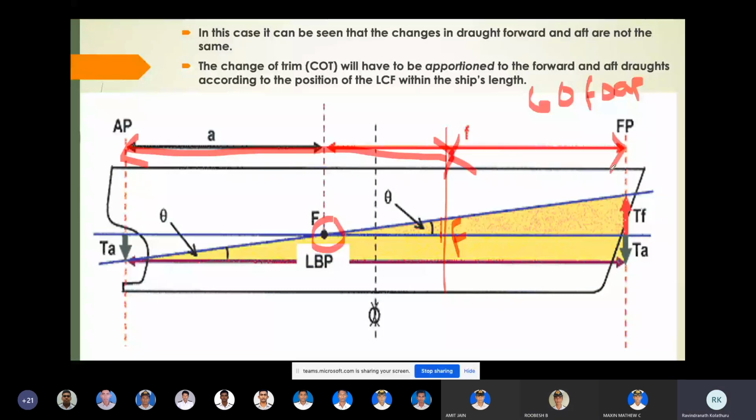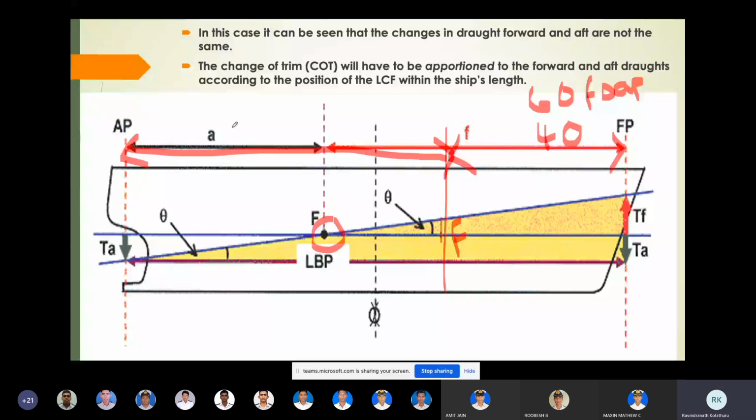Okay, that is what I wanted you to understand, because it doesn't matter where your F position is, whether it is aft of midship or forward of midship. If the LCF value is given to you, that will be equal to A, and the remaining, when you subtract it from your LBP, will be the value of F.